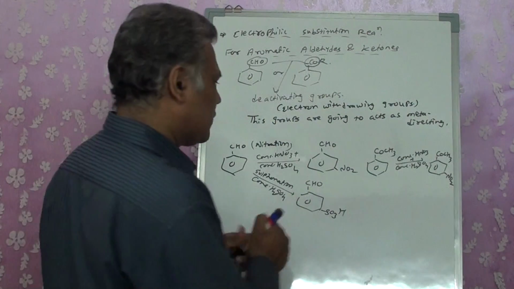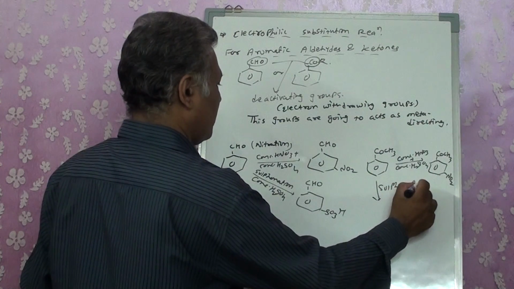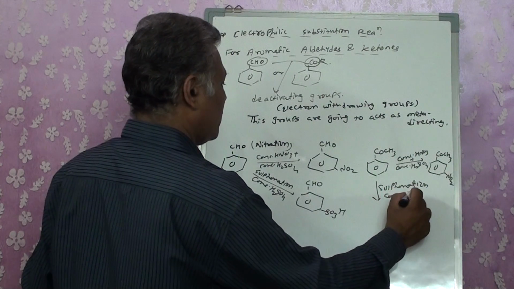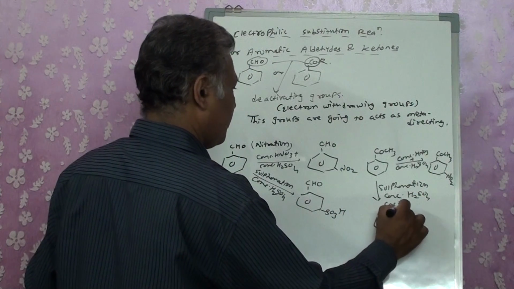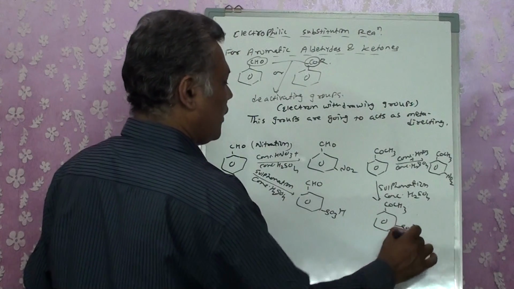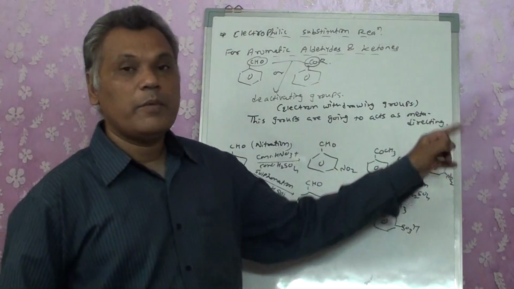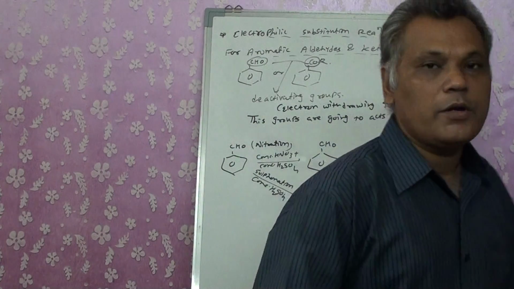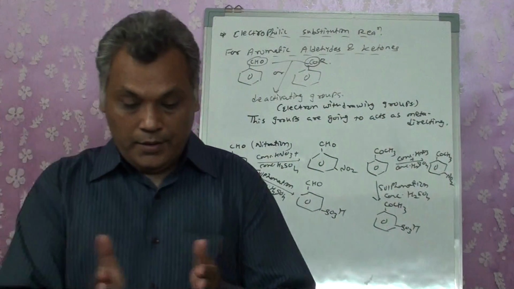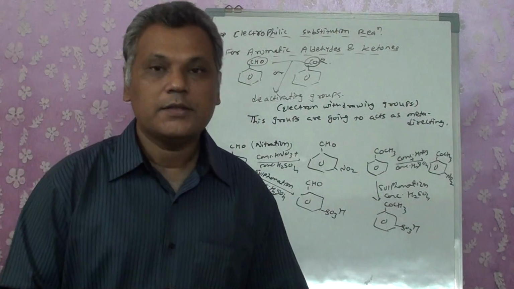If you are going for sulfonation, that is with concentrated H2SO4, it is also going to react on meta position. So that means aldehydes and ketones are meta directing. All the reactions that we are going to get on aromatic nucleus are going to take place on meta positions, right? These were all the chemical properties that we were having for aldehydes and ketones.